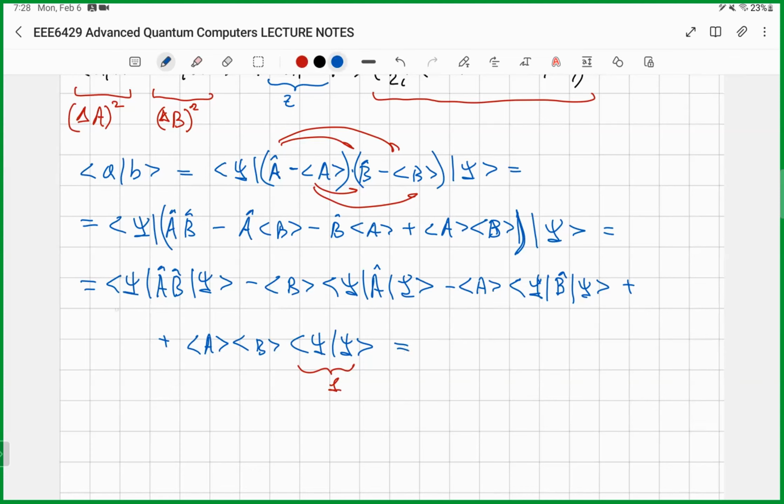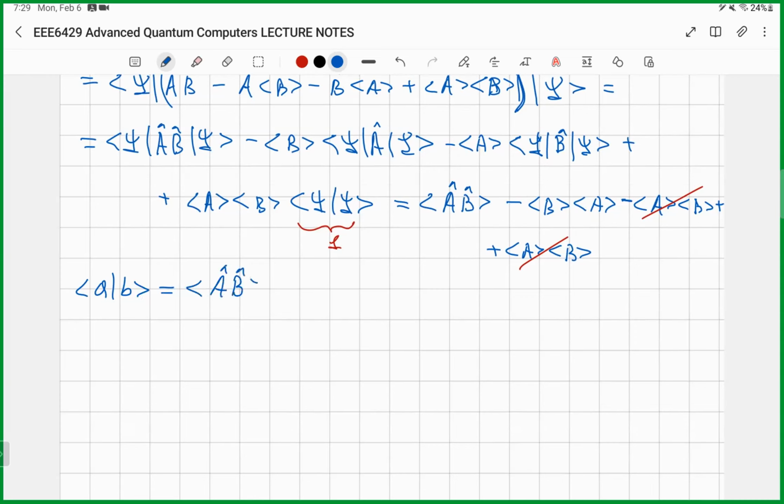Right, so I get the expectation value of AB, then minus expectation B expectation A, then minus expectation A expectation B, and plus expectation A expectation B. So these two cancel out, and the result for A times B is the expectation value of these two operators AB, minus expectation A, expectation B.